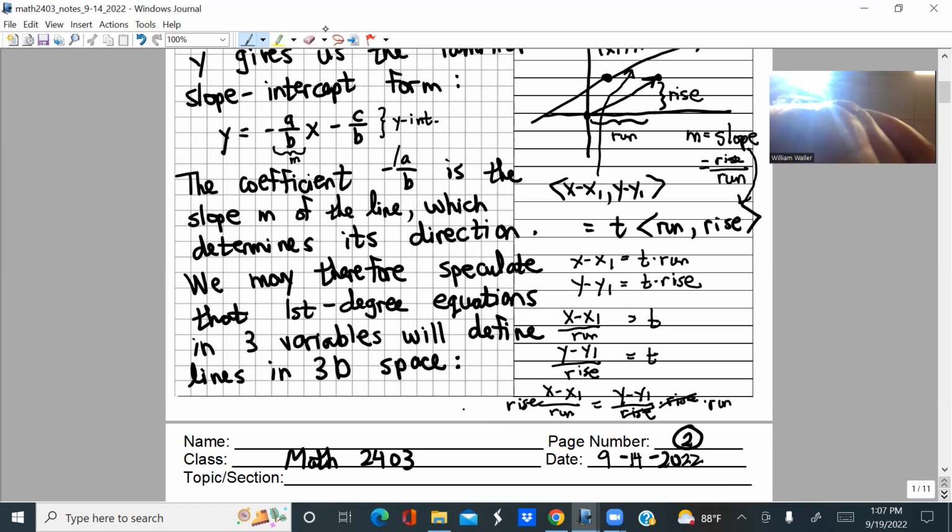Well, let's not try to do all that because I get confused. Just multiply both sides by the rise. So what does that look like? You get rise times x minus x1 over the run is equal to y minus y1. Is that right? I'm moving from right to left here.